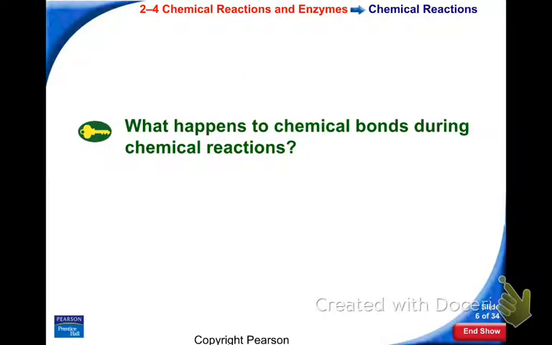So what's going to happen to chemical bonds during chemical reactions? So what we're talking about is the sharing or the trading of electrons. And I want you to keep this in mind. This is a really big, big concept. You might think about when you did your organic molecule modeling activity and we put together 2 amino acids.